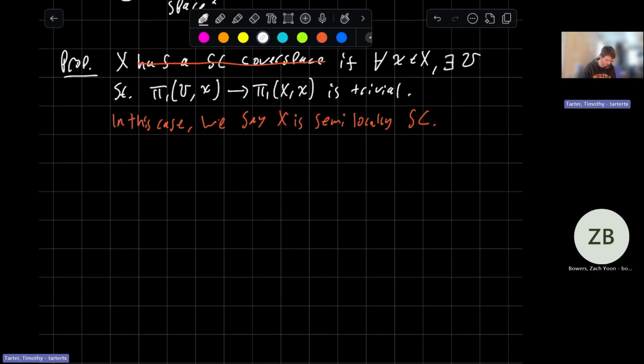To see if this is really necessary, there's an example. Suppose we have a simply connected covering space.